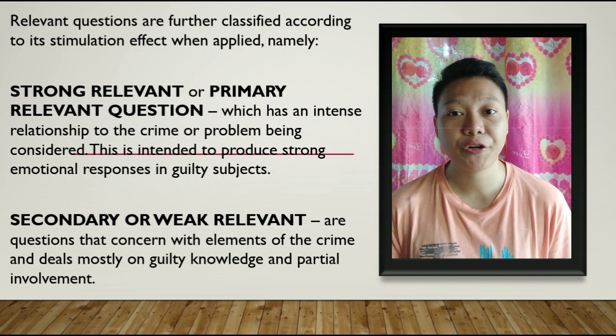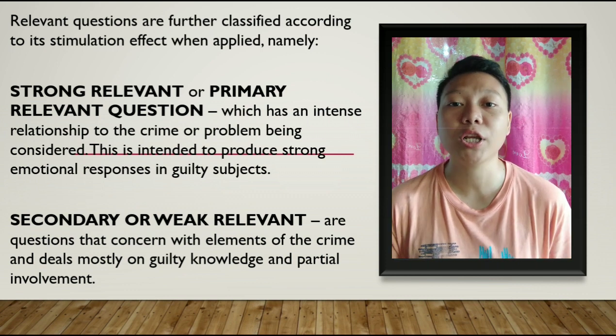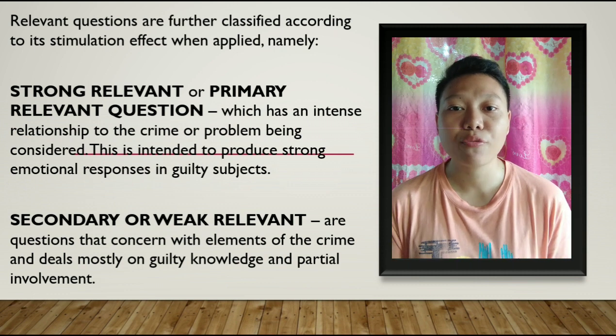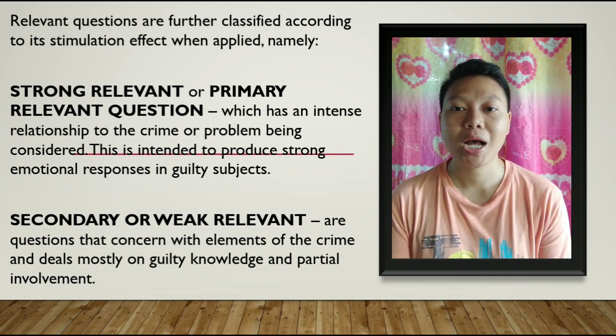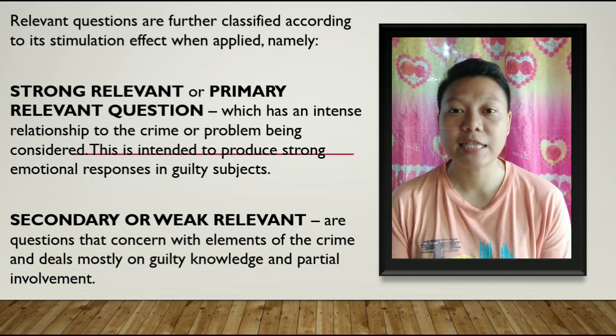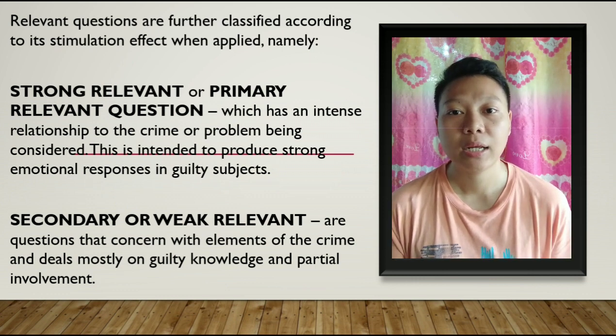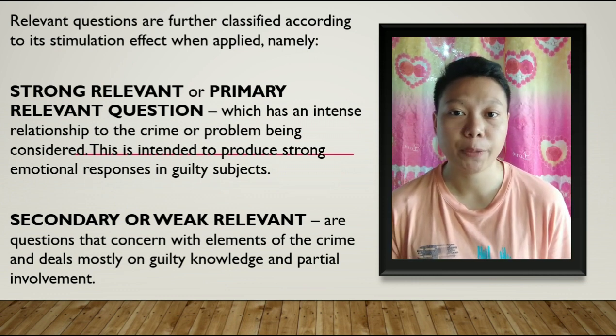Relevant questions are further classified according to their stimulation effect when applied, namely, strong relevant or primary relevant questions, which have an intense relationship to the crime or problem being considered.